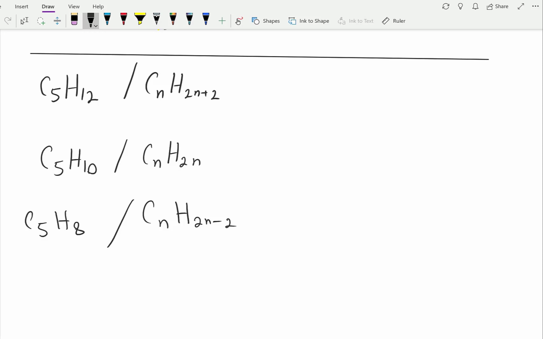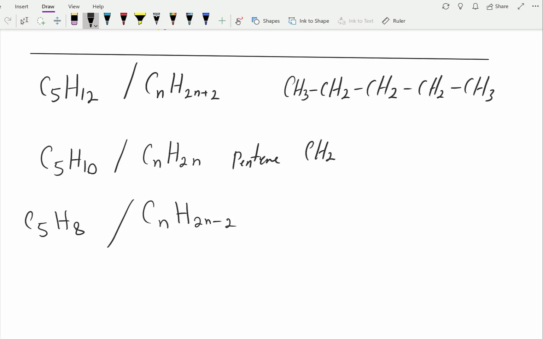Now I draw the condensed structure for each one of them. Let's draw the straight chain hydrocarbon for each case. So for this one we have CH3, CH2, CH2, CH2, CH3. For the pentene, it would be CH2=CH, CH2, CH2, CH3.